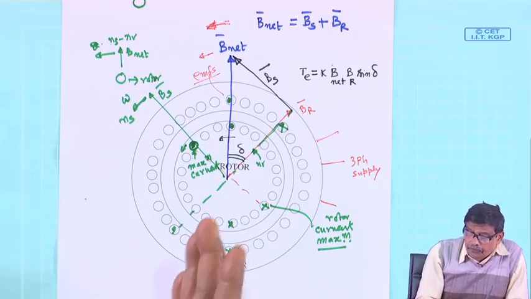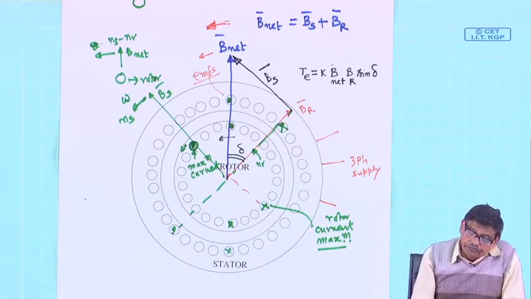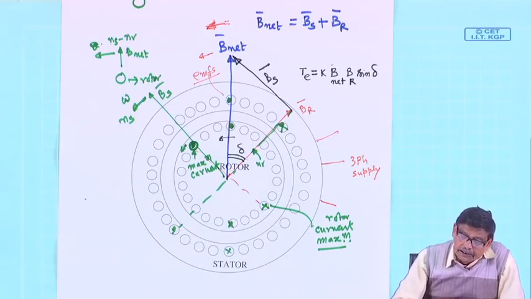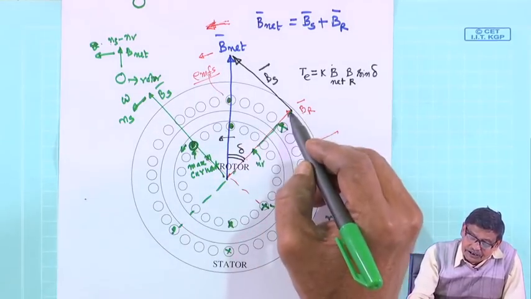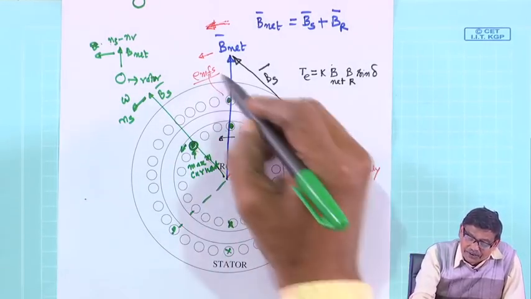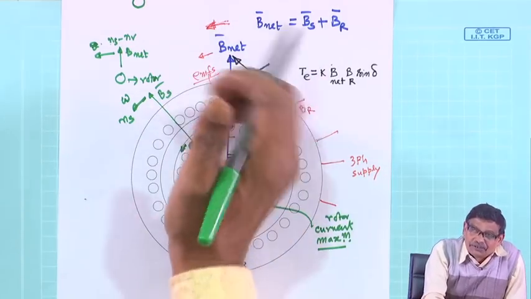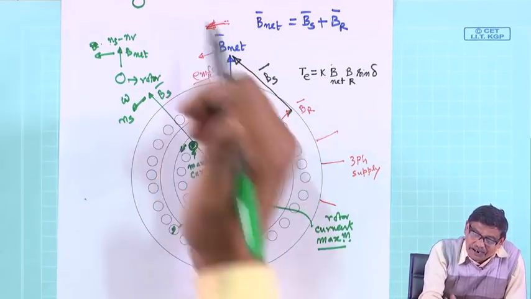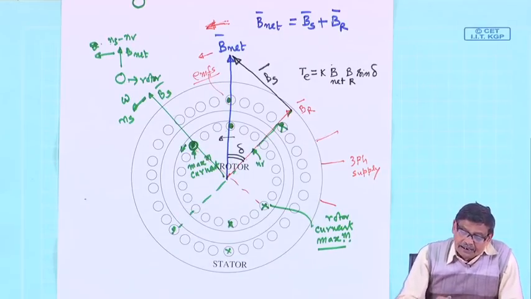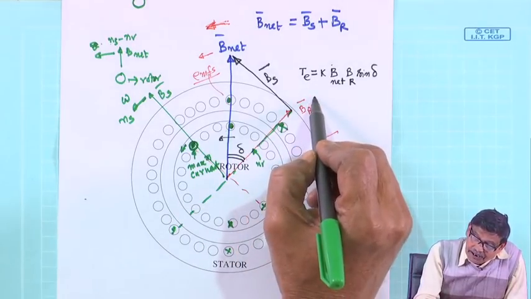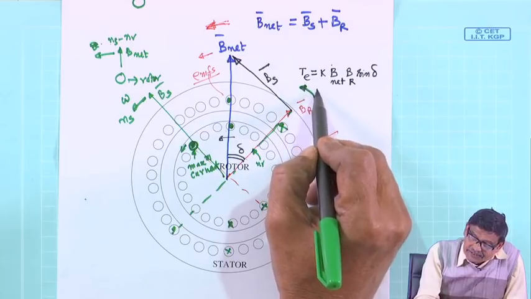Therefore, it looks like the direction of the torque is from Br to B net, A cross B sort of, Br to B net. This is the torque, and the electromagnetic torque will be in this direction.